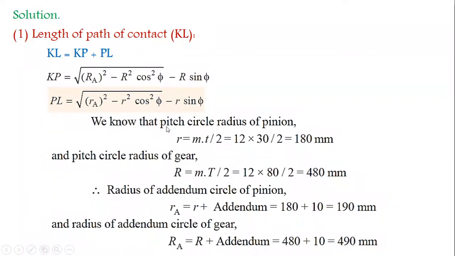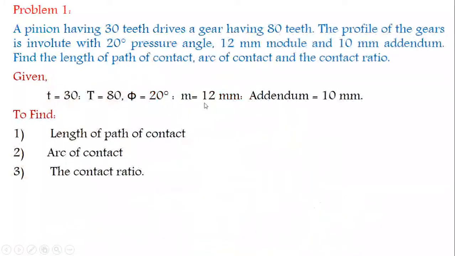Small r is the pitch circle radius of the pinion and capital R is the pitch circle radius of the gear. This is the formula: r equals M into T divided by 2. Here M is the module and T is the number of teeth. This data is given in this problem. M is 12 millimeter and small t is 30.